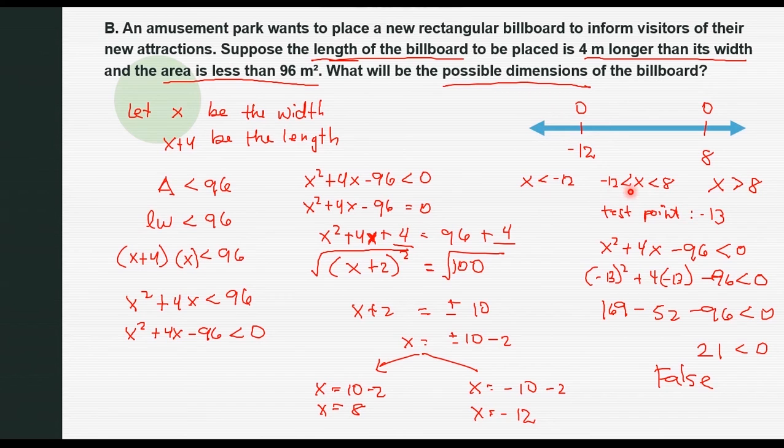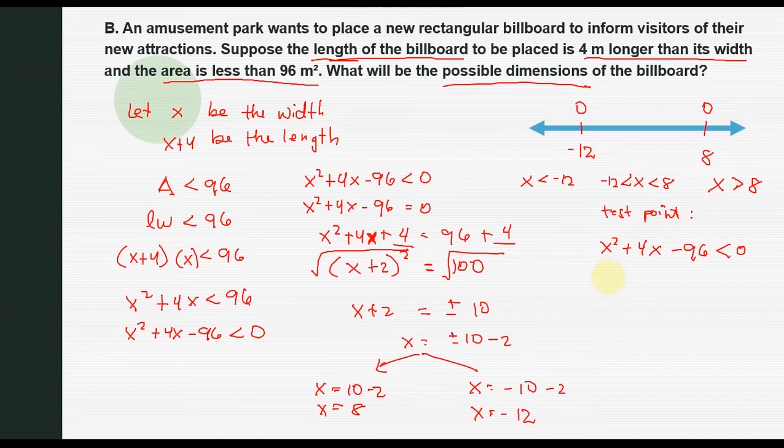So let's proceed with our next interval, which is x greater than negative 12 but less than 8. You need to think of the easiest number between these numbers, and I think I'll be using 0 for this one. Allow me to erase this one. Let's change our test point to 0. Let us now substitute our test point 0 into our inequality.